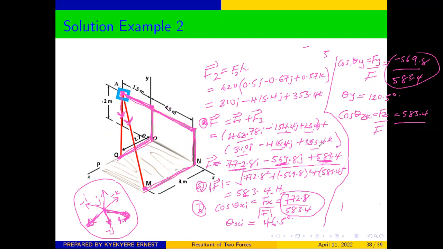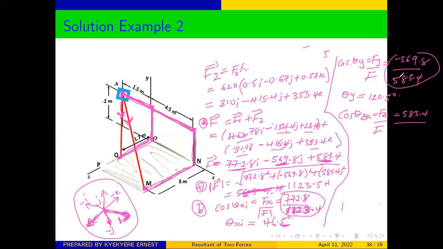I think the magnitude of our resultant force from here should not be 583. It should rather be 1123.5 newtons. Sorry for that. So this one will not be 583, but it will be 1123.4, and it should give us this same angle here.